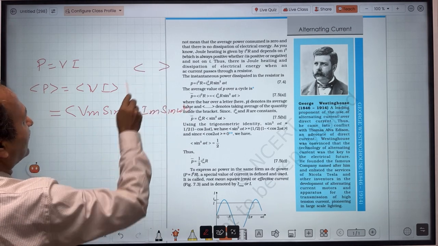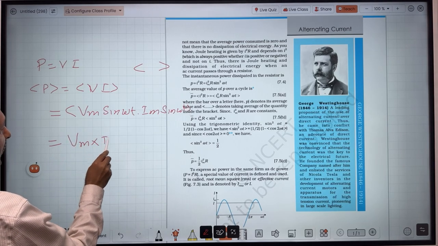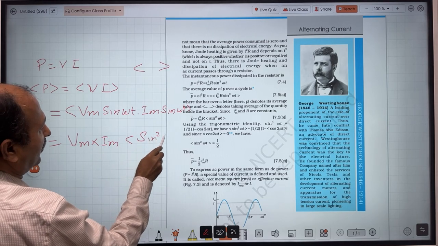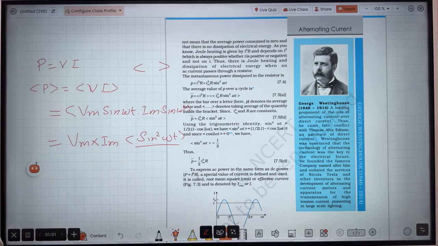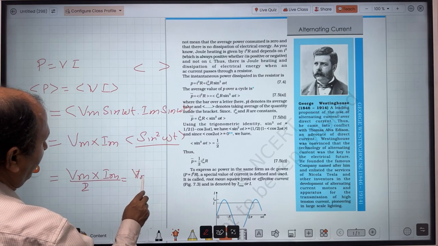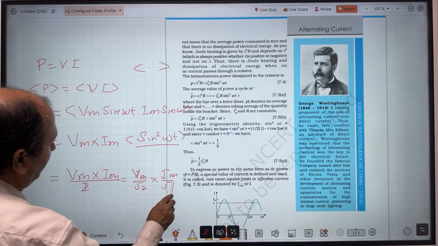This symbol means average value. So Vm and Im can be separated, and then sine square omega t. Now the average value of sine square omega t is 1 by 2. So the average power consumed will be Vm into Im divided by 2, or we can write it as Vm divided by root 2 into Im divided by root 2.